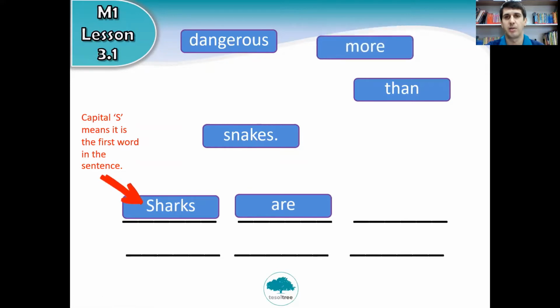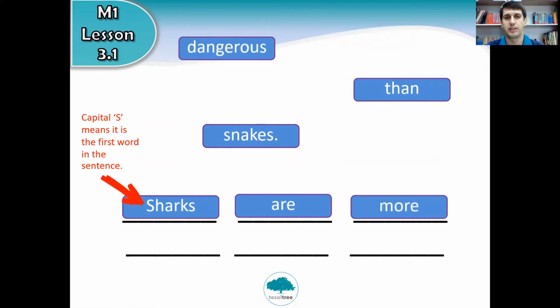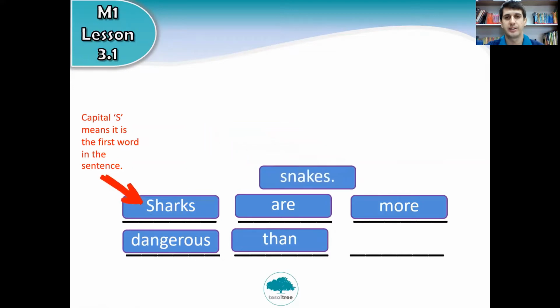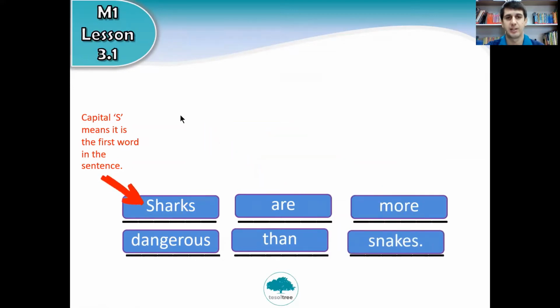Sharks are more dangerous than, and the last one, snakes. So this is a comparative sentence, comparing 2 things. In this sentence, 2 animals, sharks and snakes. So we know sharks is the first word because of the big capital S.